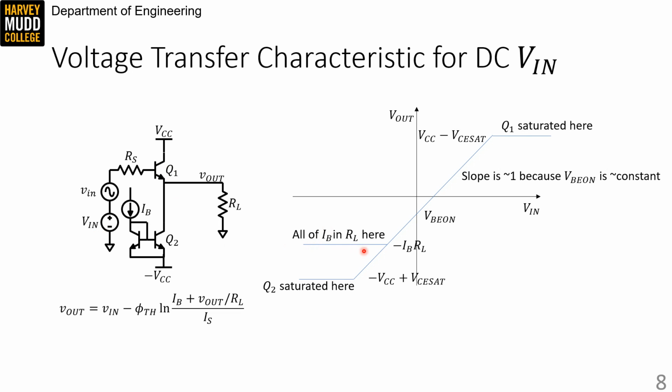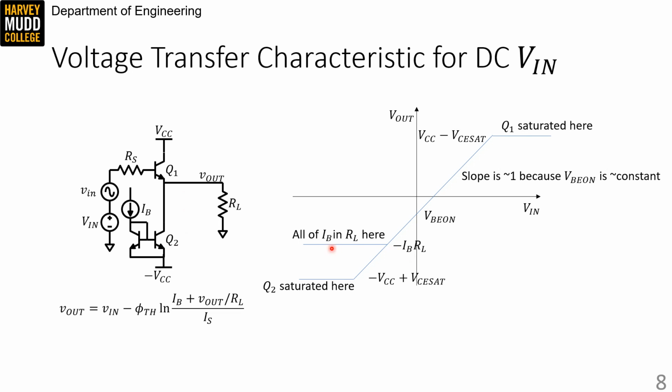So that happens when there's no more current running in Q1, which means that the IB of current that's running in Q2 has to all be running in RL. And if we have IB running backwards through RL like that, then the voltage V out will be at minus IB RL.